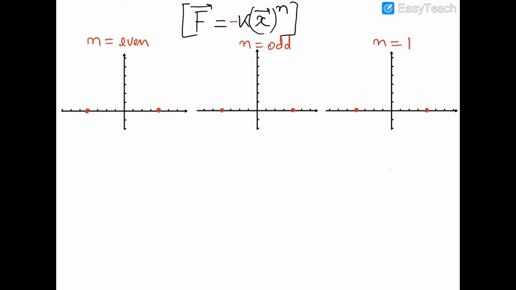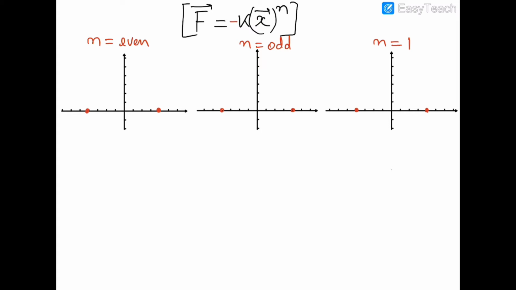So let us imagine that there is a force F which is acting on a particle, and this force F is acting in such a way that F is equal to minus k x to the power n, where x is the displacement of that particle from the mean position, and mean position is the point where the net force acting on the particle is 0.